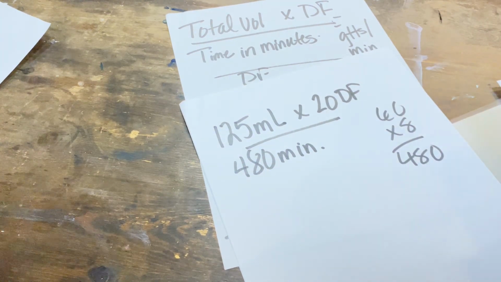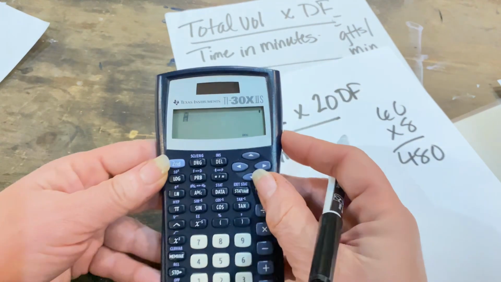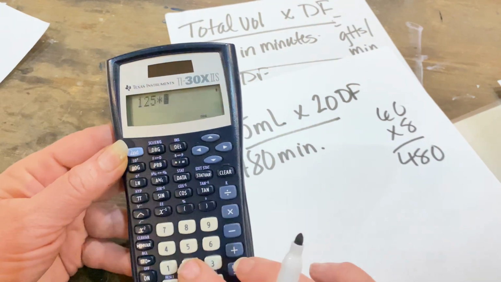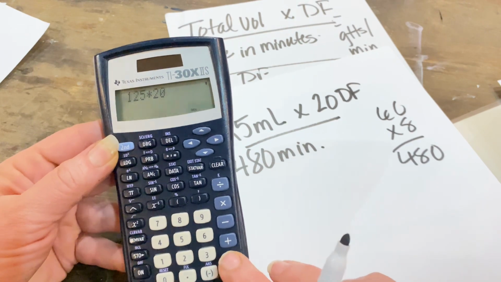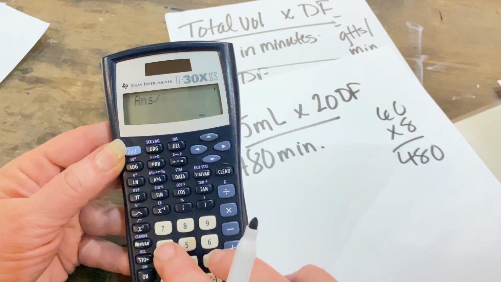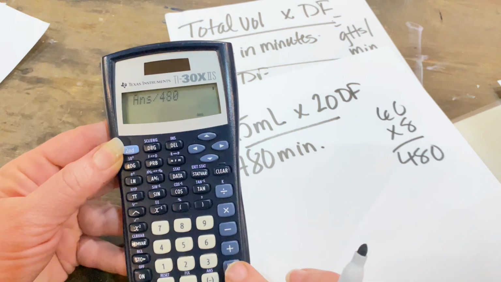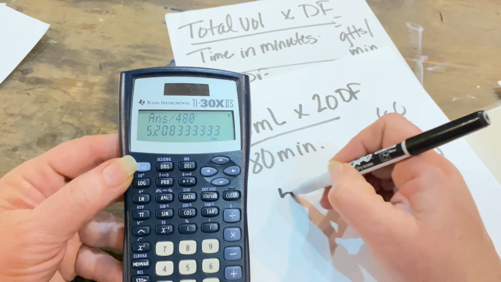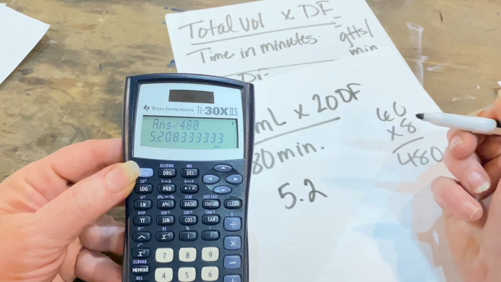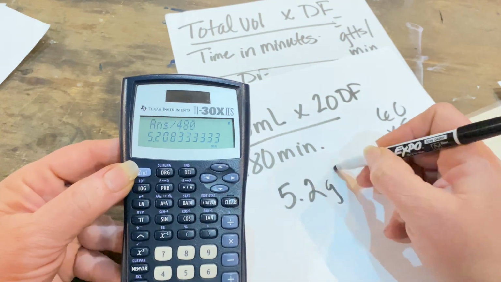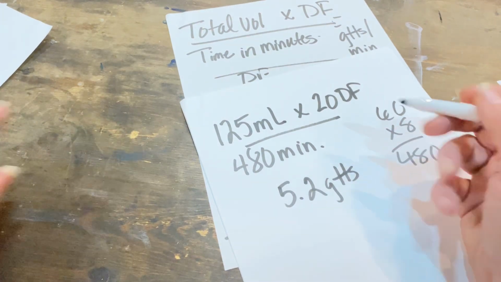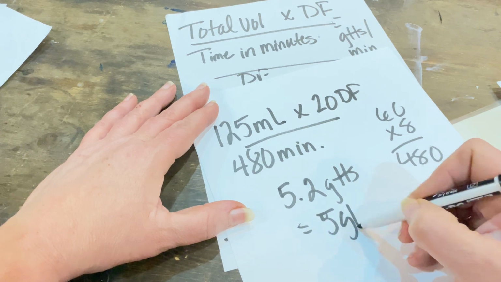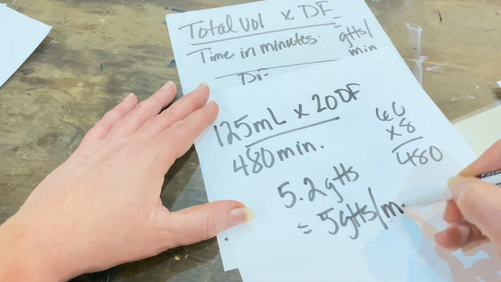Here we go, in the calculator: 125 times 20 equals, divided by 480 equals 5.2 drops. You can't give 0.2 of a drop, so that will equal 5 drops per minute.